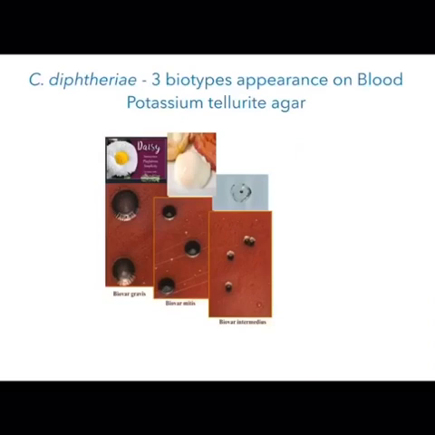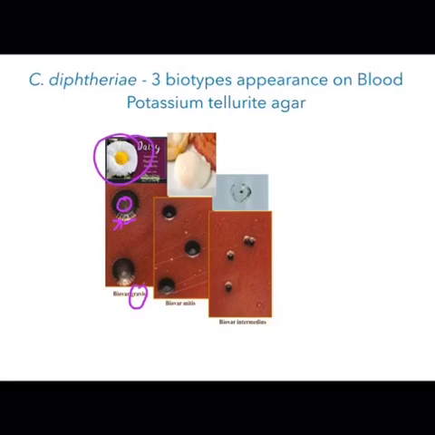In case of gravis, these colonies are gray, raised from the center, and they have crenated edges, and they look like a daisy head.